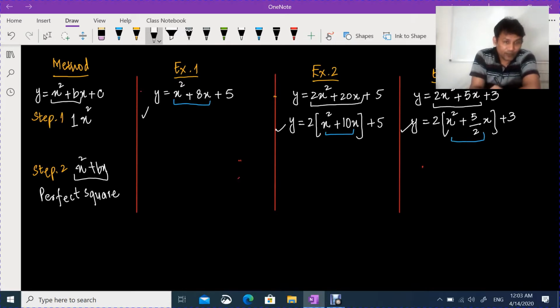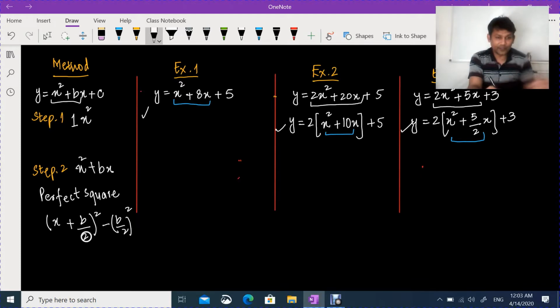Please remember: I write x plus half of b, that is b upon 2, whole squared, and minus again b upon 2 whole squared. This method is called the perfect square form, completing the square form. The easiest method to make this equation a perfect square.